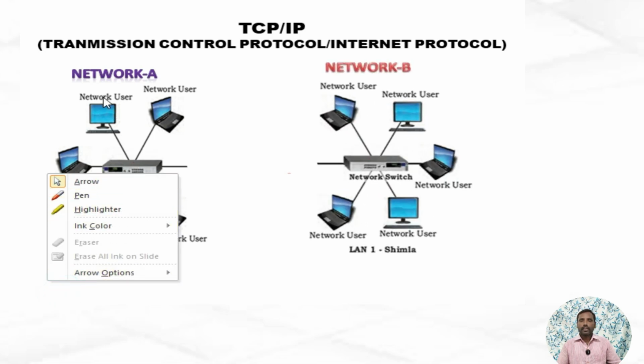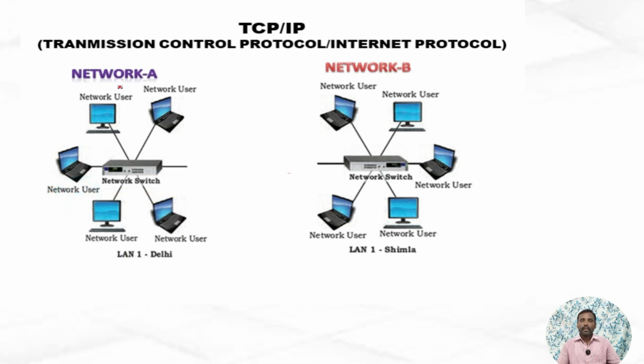Simple. One computer is connected in one network, which will be called A network. Next we have one computer connected in B network. A network and B network, two networks are there. In A network, system 1 is there.